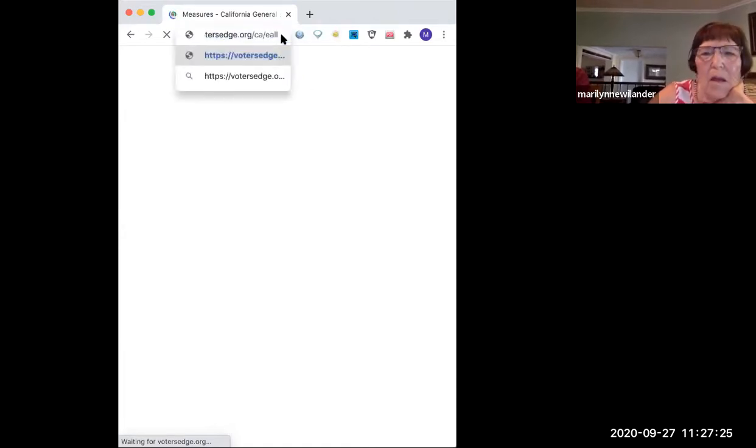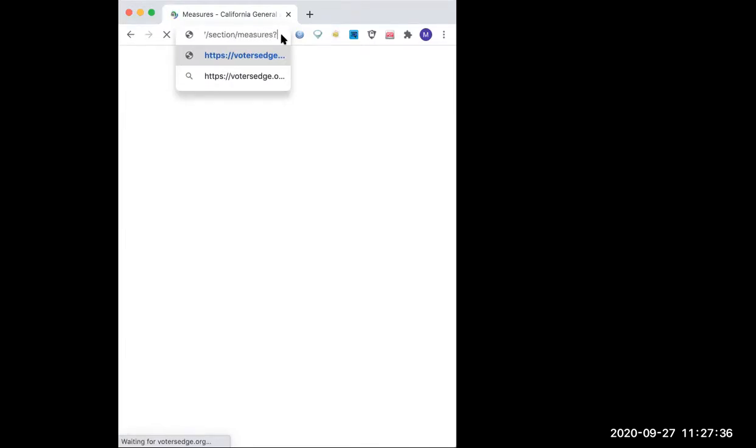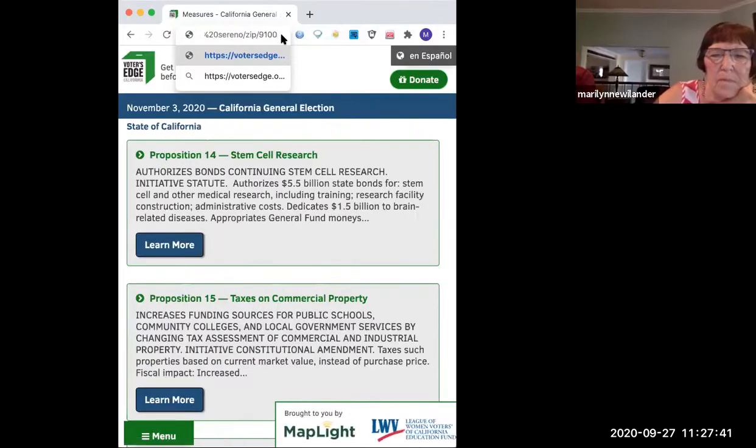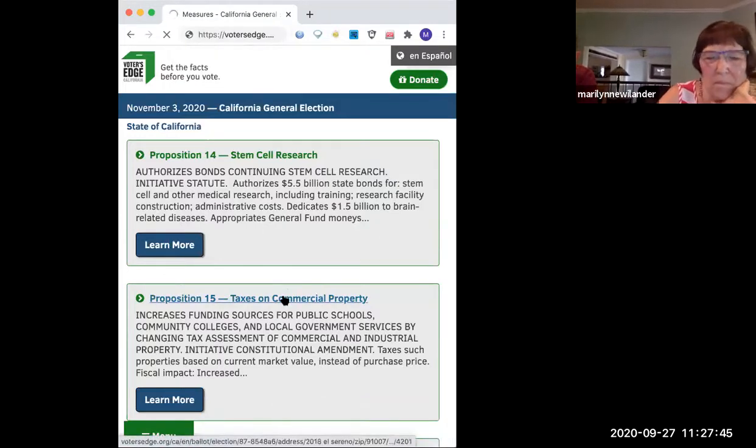Because the value of property typically increases much greater than that, the assessed value of most property in the state of California is far less than its market value. And each county's property tax receipts are the money that's distributed to local governments and schools using a formula that's been in place for years.